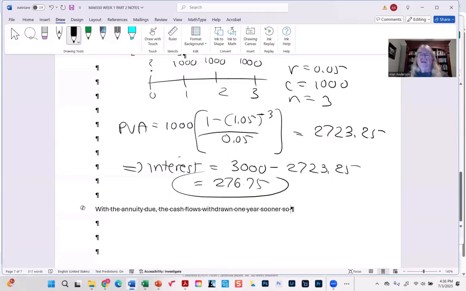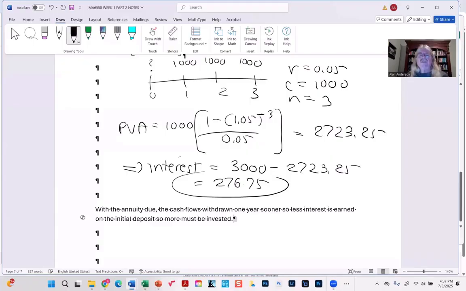So less interest is earned on the initial deposit. So the PVA will go up. In other words, we need to save more money in order for it to become an annuity due. So more must be invested.